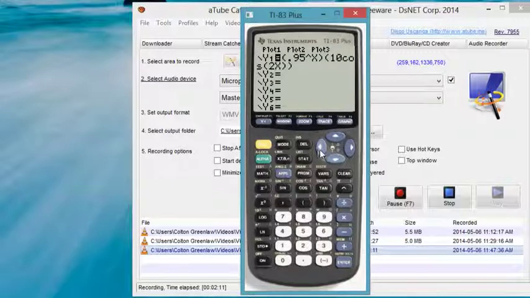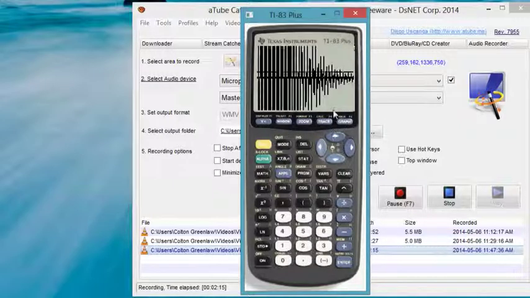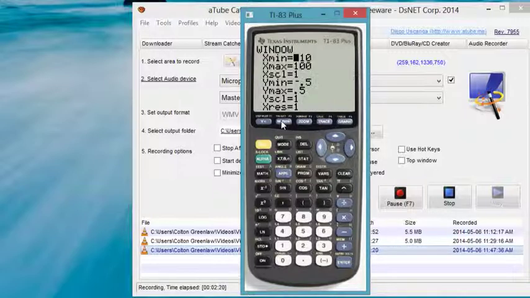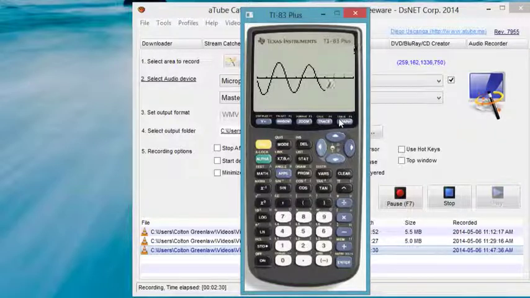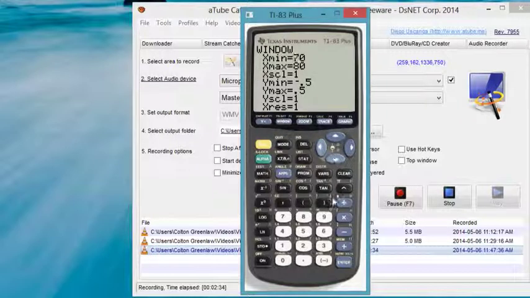Wait, where's 0.1? Let me put that in. So about here. What's my window? No, 100. Let's try 70 to 80. See how that works. No, a little more. 70 to 90.